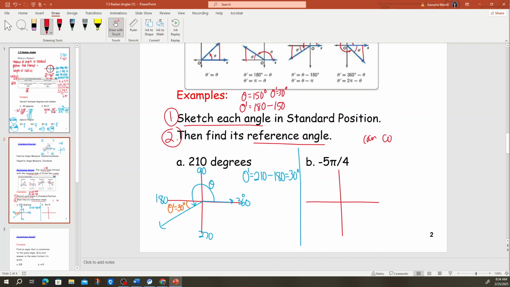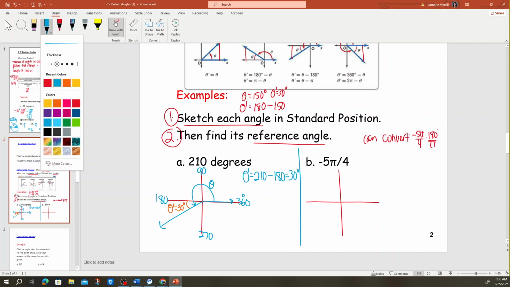If we convert, we're going to do negative 5 pi fourths times 180 over pi and figure out what that is. Somebody who wants to convert, take a moment to do it. I want to do it the other way though, because I don't want to convert twice: convert to degrees, find where it is, and convert back to radians. We want you to report reference angles in radians if it was given to you in radians.